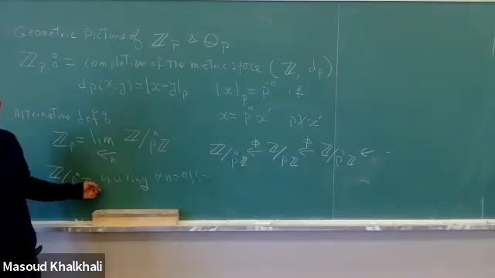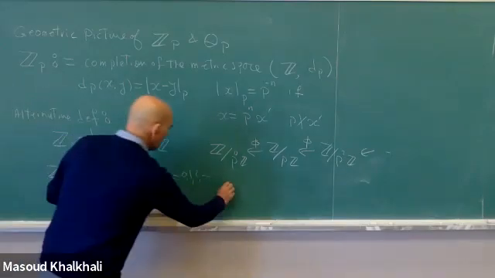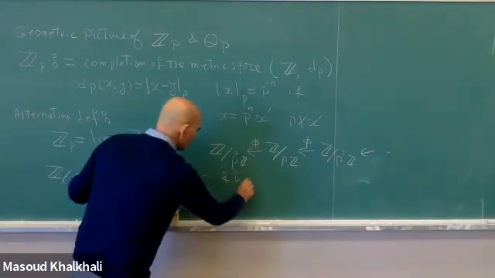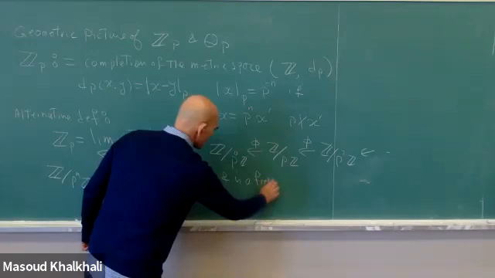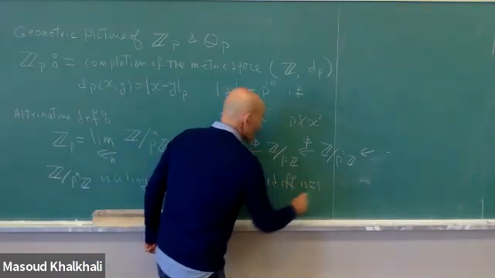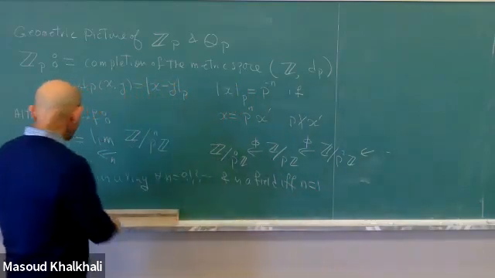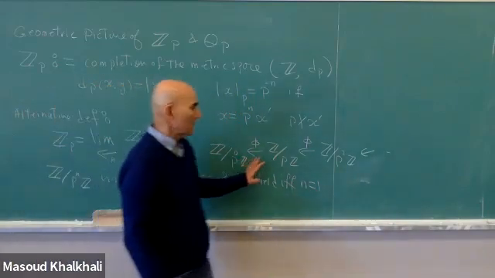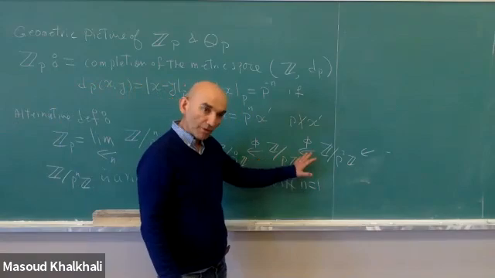And actually, it's a field if and only if n is equal to 1. This is easy. So this is going to be an inverse system of rings.